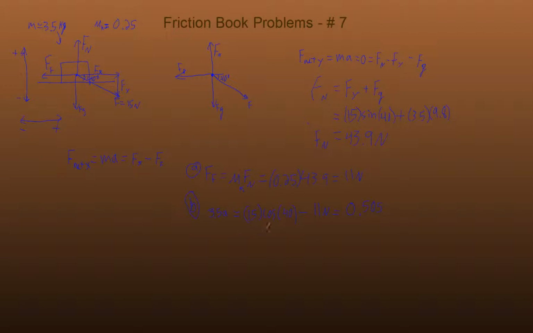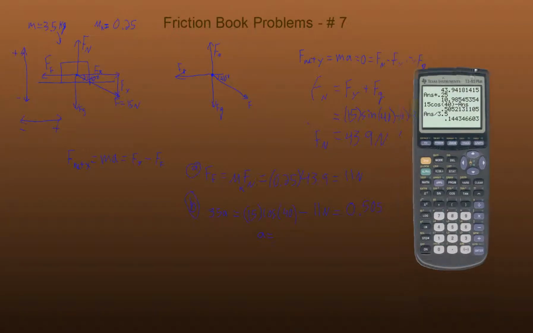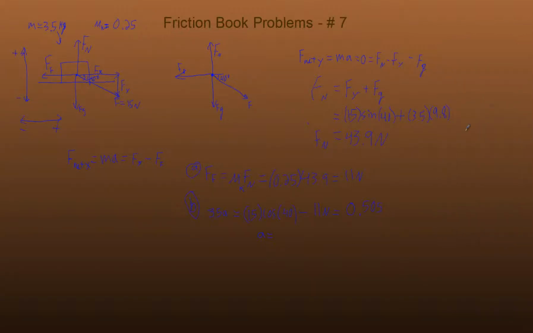So divide both sides by 3.5, and we get a equals 0.144 meters per second squared.